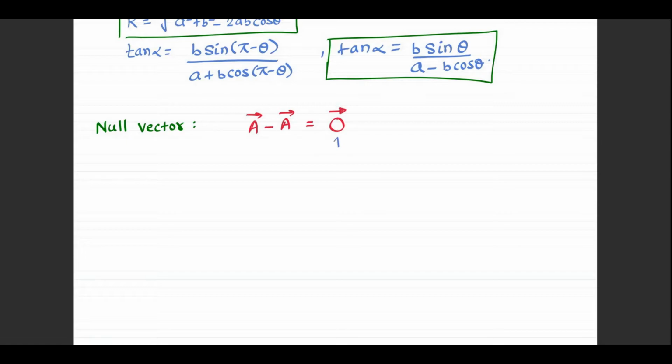This then is known as the null vector. There are two very important properties of null vector. First one is magnitude. Its magnitude is 0. And second, since there is no magnitude, actually there will be no arrow.